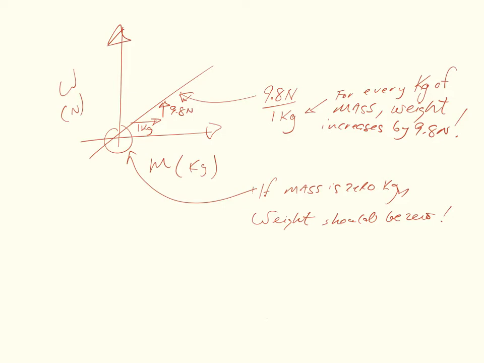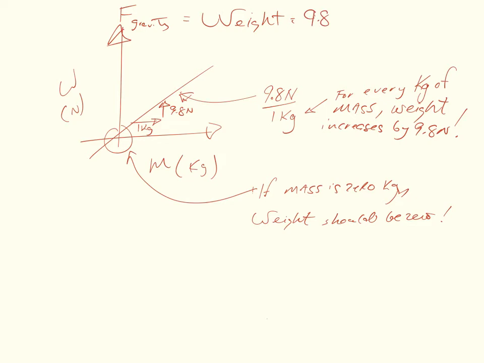Now, where do you think this equation is going to be valid? If I write an equation of this line, weight equals what? Another word for weight is force due to gravity, right? And that equals 9.8 times mass. 9.8 what?